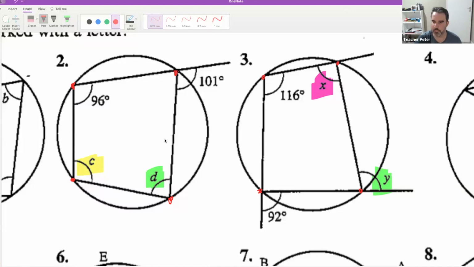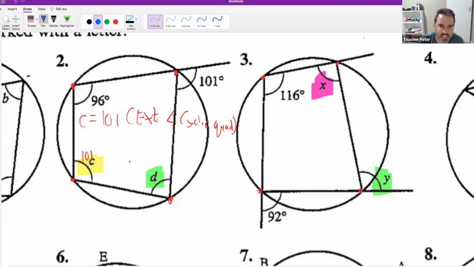Okay, so let us have a look at what is what. So C would be 101, and that would just be exterior angle cyclic quad. So this would be 101. And then D would be 180 minus 96, which would give me 84.